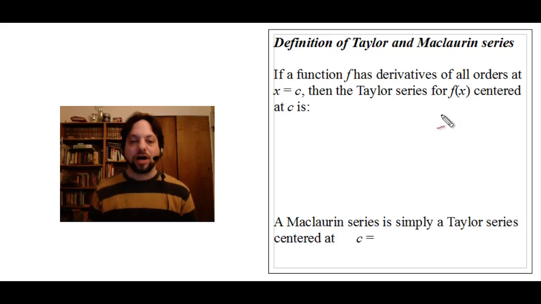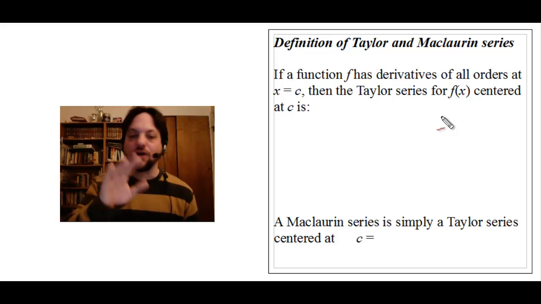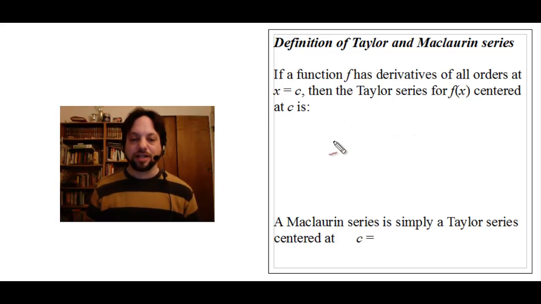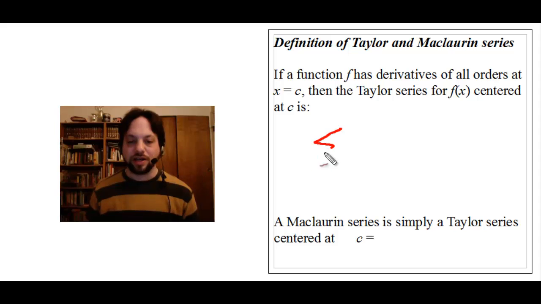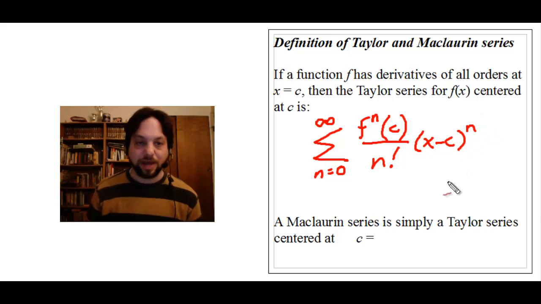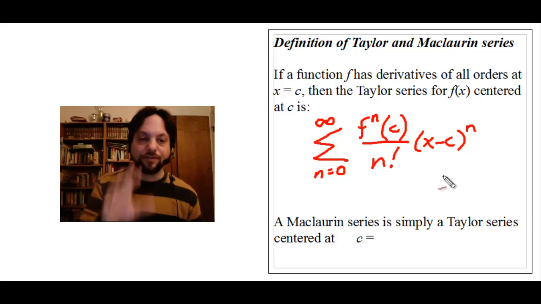So, if the function has derivatives of all orders at x equals c, that is the center of our function here, then the Taylor series we're going to define as the sum from n equals 0 to infinity of f, the nth derivative of f, evaluated at c over n factorial times our x term, x minus c, to the nth power. So that should look very, very, very familiar to you.